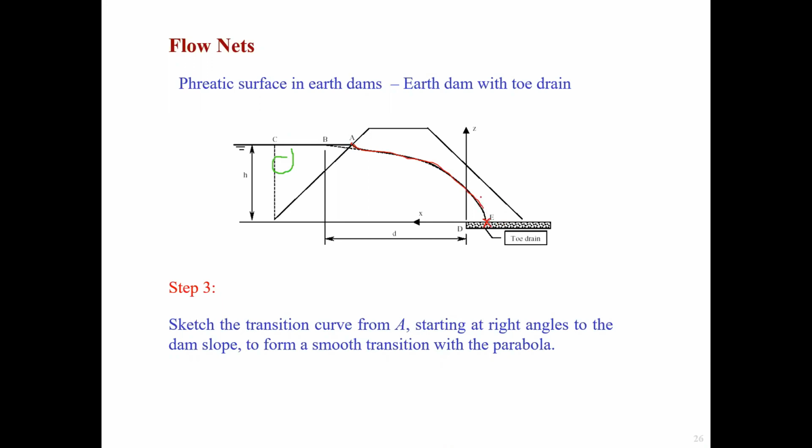So with this method, mainly we try to find the point B, point A and point E, and try to connect the point A with the point E in the parabola shape. So then we can just roughly plot a smooth transition with the parabola.